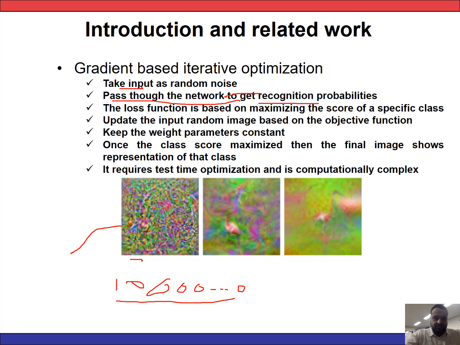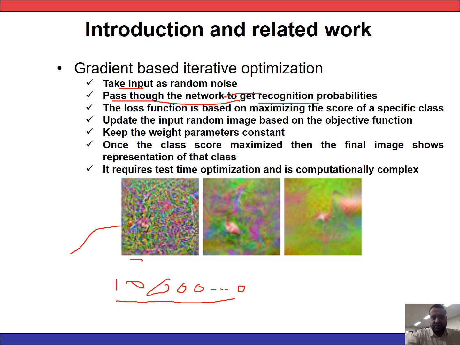When they provide this noise as input, the neural network will generate some label, and the weights are fixed. Once the training is done, the next step is the interpretation. Using the fixed weights, we give this noise as input and generate the label, but this label is based on the random noise, so it is meaningless.